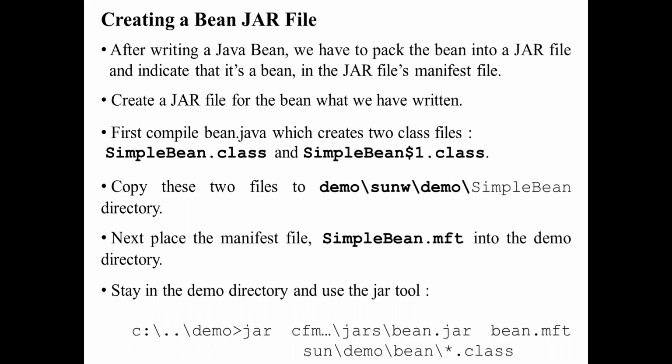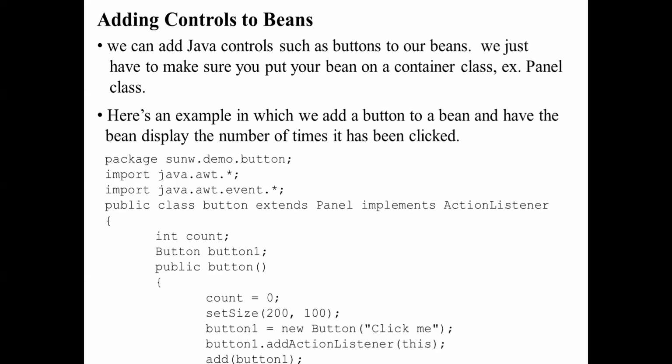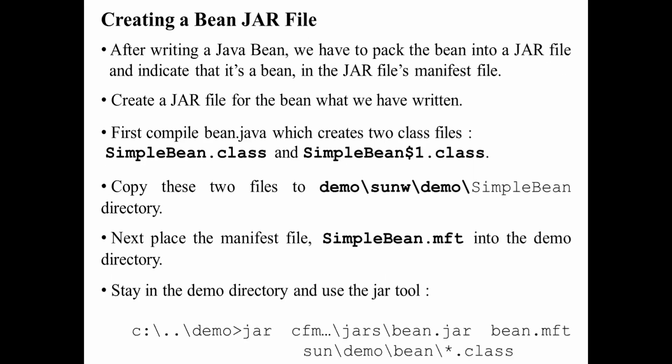Then we use this demo directory with the jar tool: jar cfm, that is jar bean.mf to the class. This is used to create the bean jar file. It means we create the two files, copy them into one directory, and place them with the manifest file.